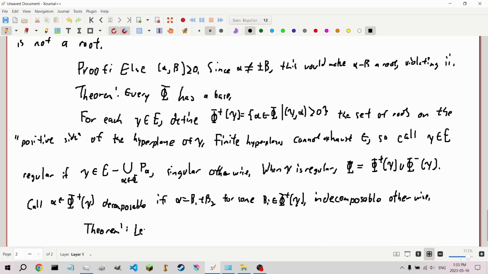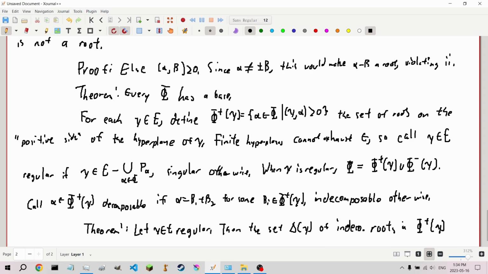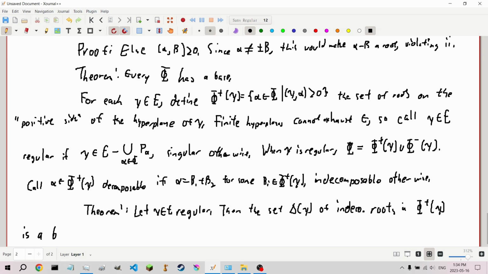So we have a regular vector gamma in E. Then the set delta of gamma of indecomposable roots in phi positive of gamma is a base of phi, and we get every possible base from this. Let's look at the proof.